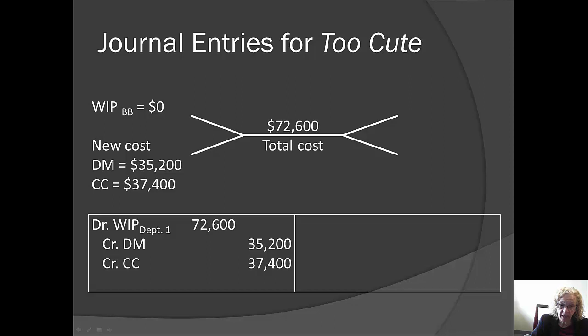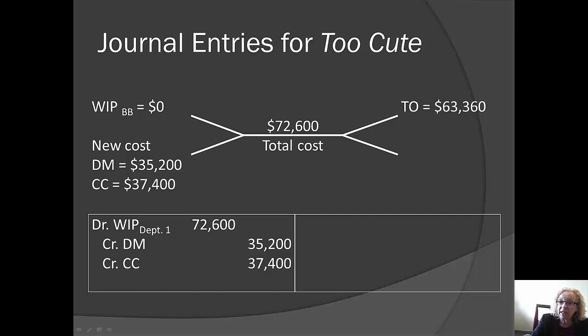Back on our diagram, we can add up all of our old costs, which was 0, plus all of our new costs for material and conversion. Altogether, that gives us our total cost. We already figured out what happened to those costs.